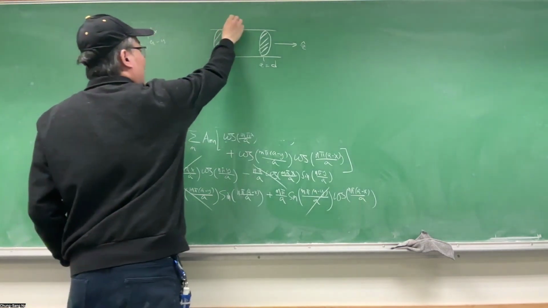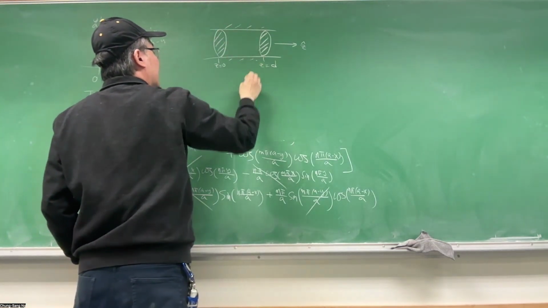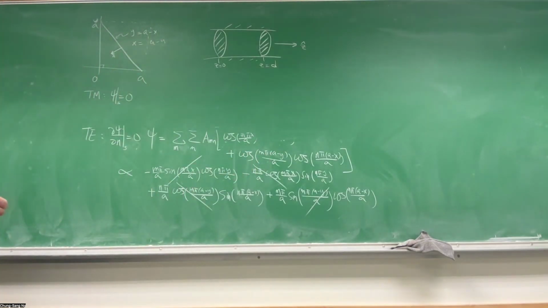Sigma is infinity on all surfaces. Okay, so we get all these ideal modes.